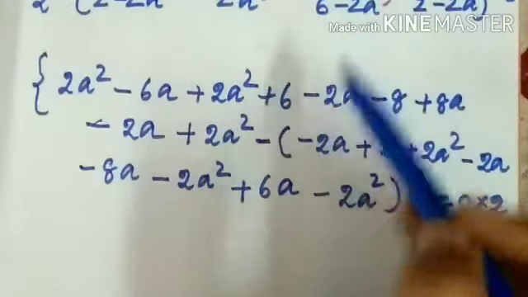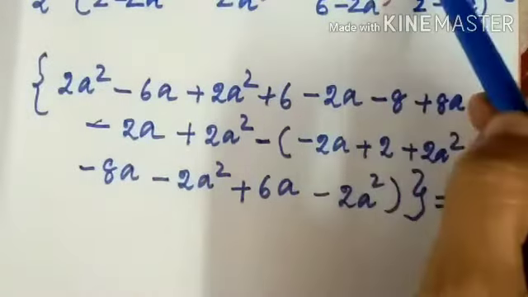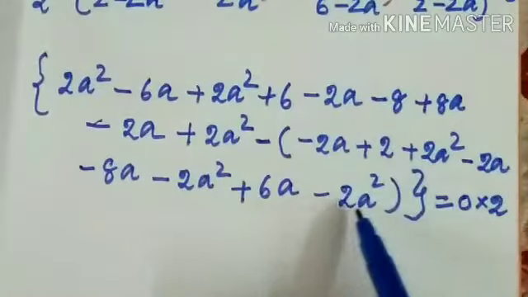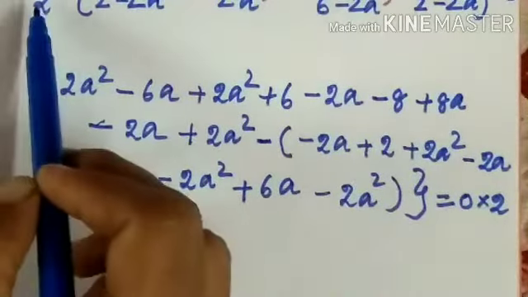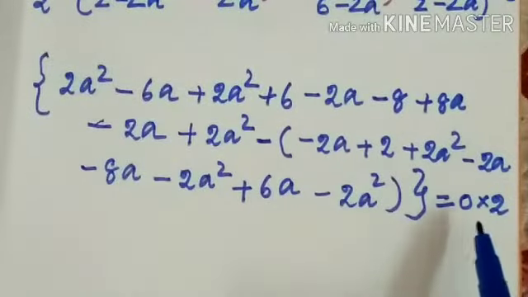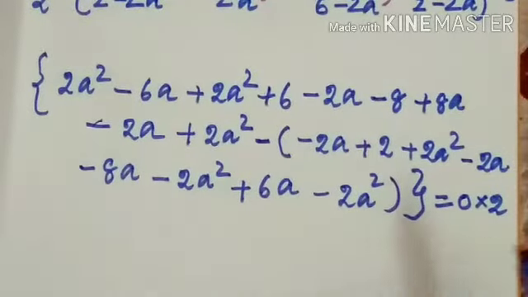Now a into 6 is 6a, minus 2a into a, minus 2a squared, is equal to, transpose this 2 after the equal, it becomes multiply.